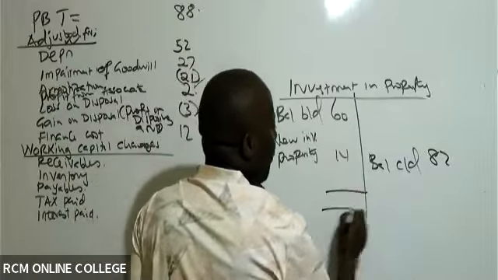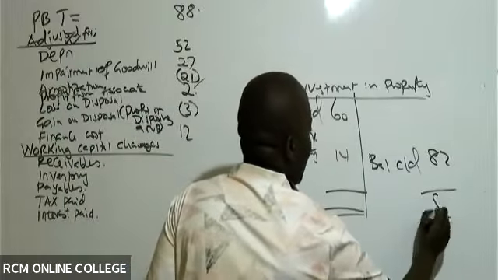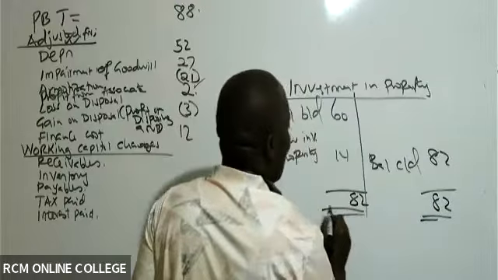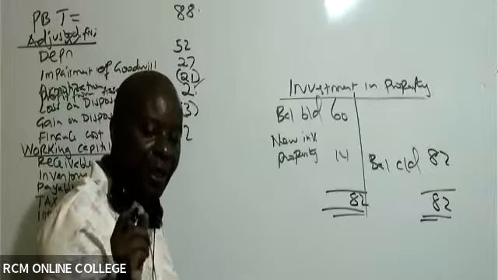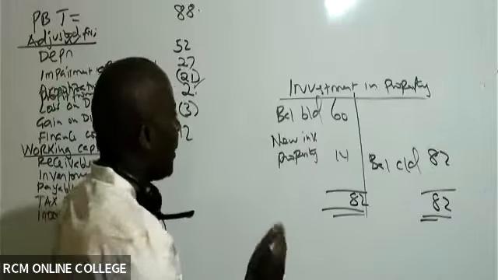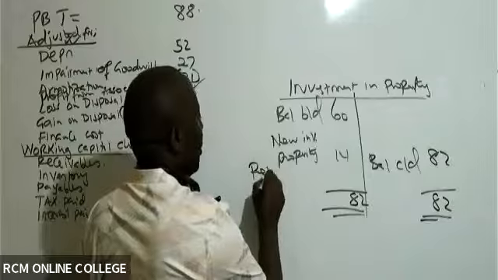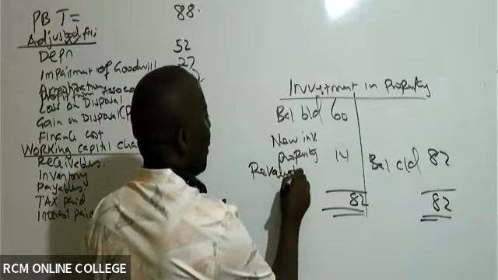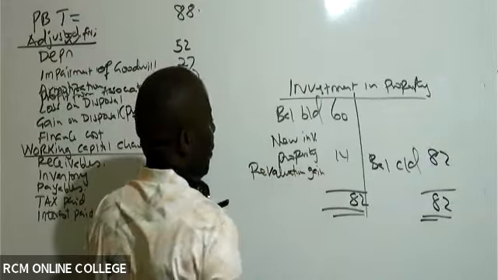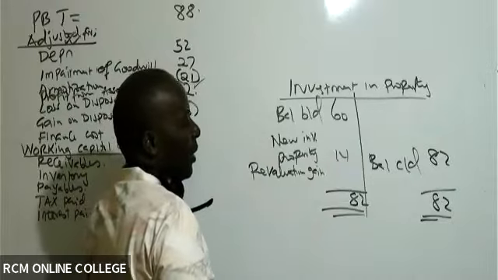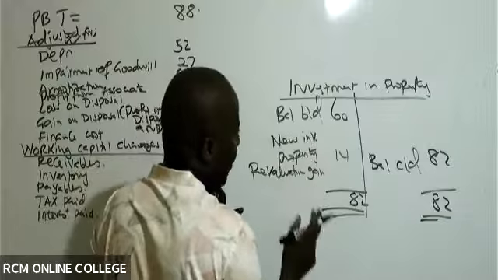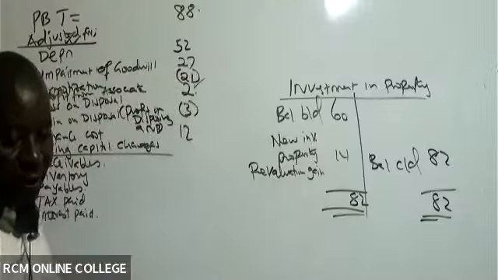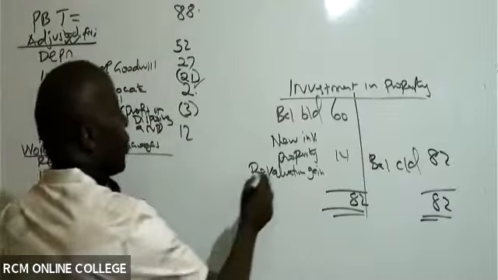The moment they tell me that the investment properties are fair valued, then I know there must have been some revaluation. So we have a revaluation gain. It's a gain because it's on the debit side. So 82 minus 14 minus 60 will give me 8.